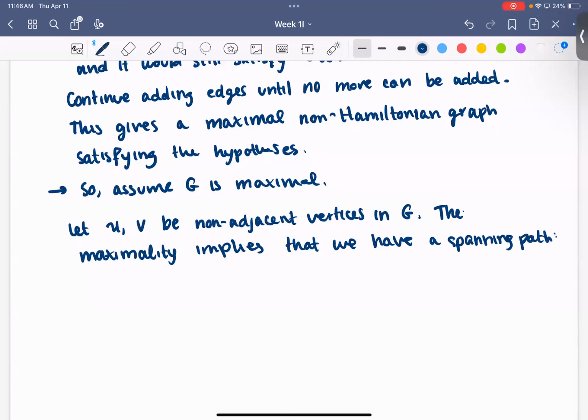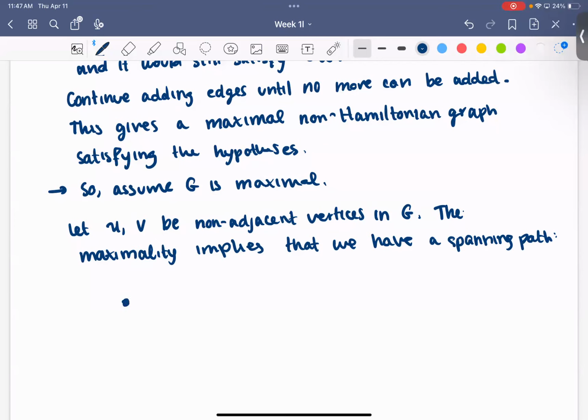So why do we get this? If we were to add in that edge UV, then the graph would become Hamiltonian. So then I have a Hamiltonian cycle, and deleting that one edge would give me in G a path through the whole graph.